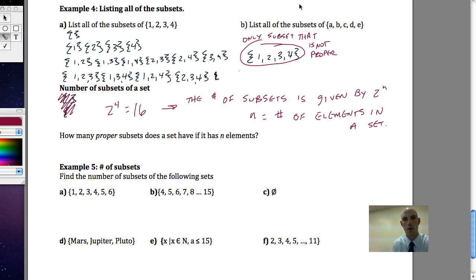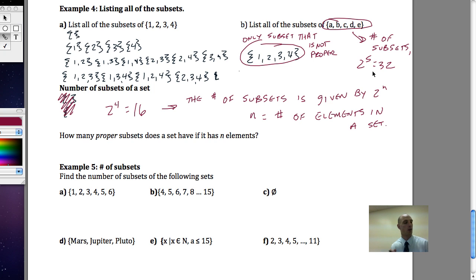So already I know, if I have an example with A, B, C, D, and E, and I ask you the number of subsets, it would be 2 to the 5th, which is equal to 32.